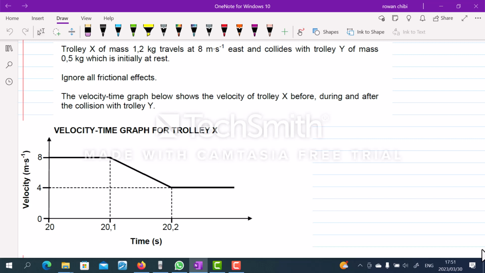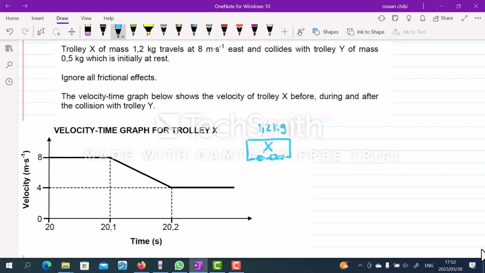So let me give you a picture of what is going on here. Imagine you have trolley X. This is trolley X, which is 1.2 kg.